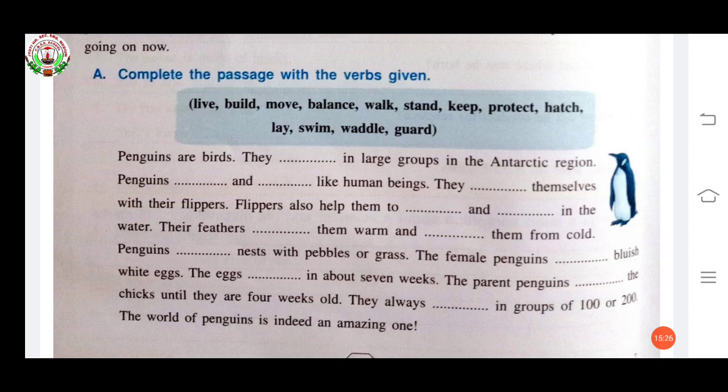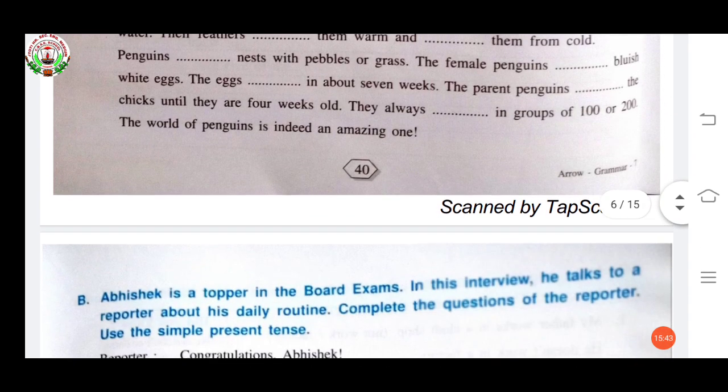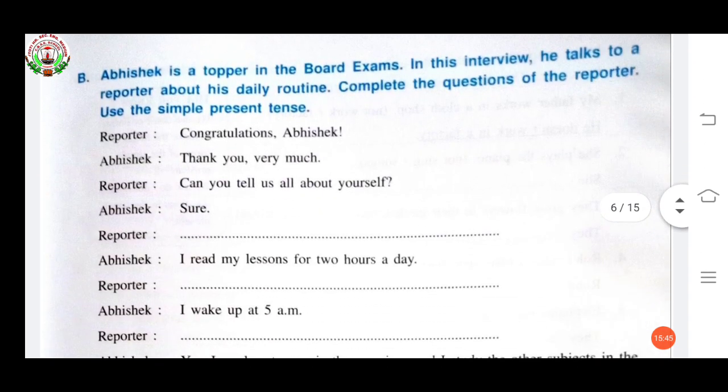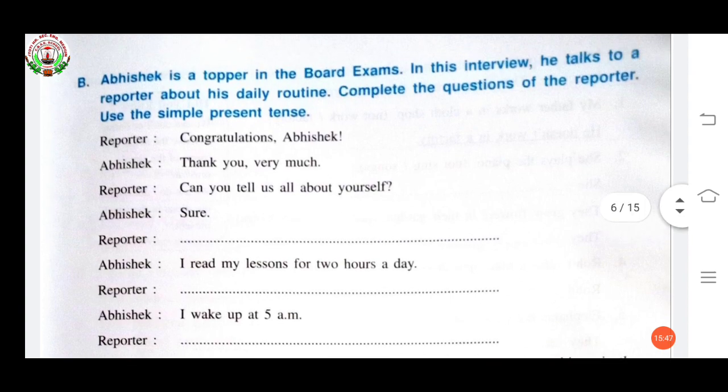Again, I'm reminding you, here you had done the exercise of simple present tense. But because penguins are plural, that's why we are not adding s or es. Okay? Now see the B exercise. Abhishek is a topper in the board exams.